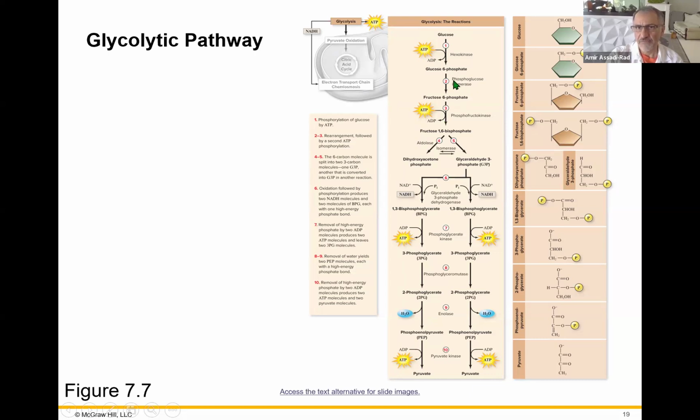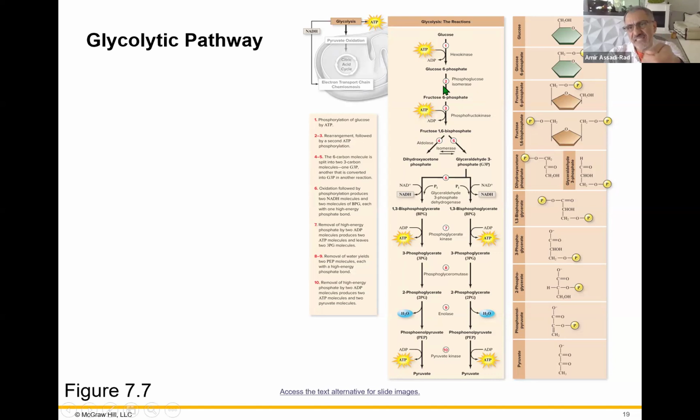There is an enzyme involved to convert glucose 6-phosphate to fructose 6-phosphate. It's called phosphoglucose isomerase. There's an enzyme involved to make fructose 6-phosphate into fructose 1,6-bisphosphate. The second ATP comes into picture.